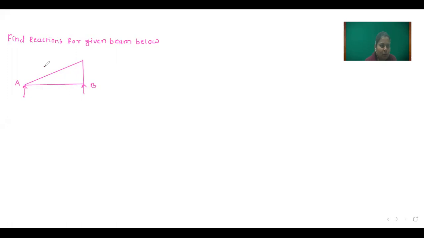So here, one concentrated load is applied and the intensity of the concentrated load is 50 kilonewton, and the intensity of this uniformly varying load is 60 kilonewton.